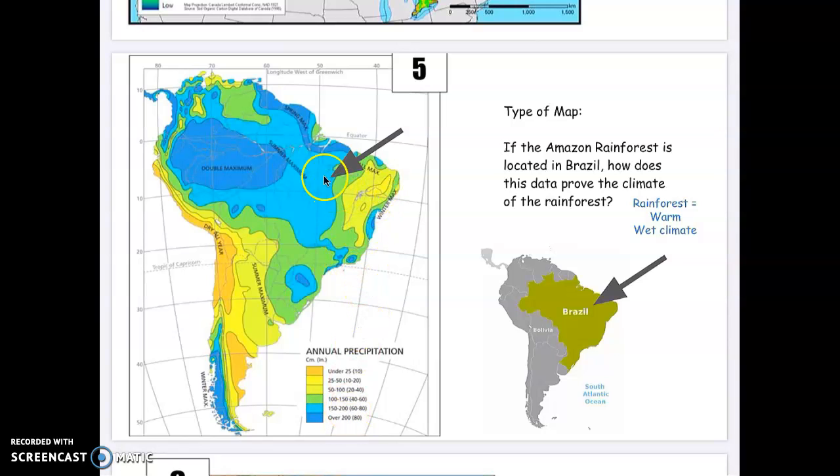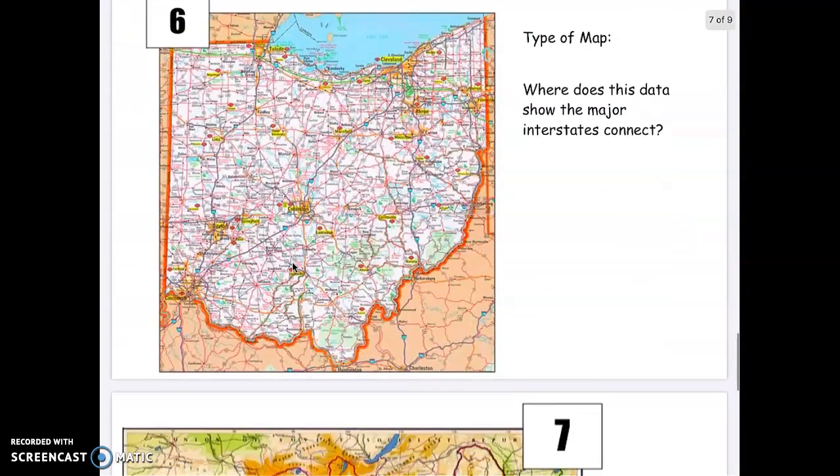So we can tell that must be a very wet area, and that's why we can prove that this would be a wet climate. And that's why we can prove the data correctly, that this would be in that rainforest area and have a wet, warm climate.